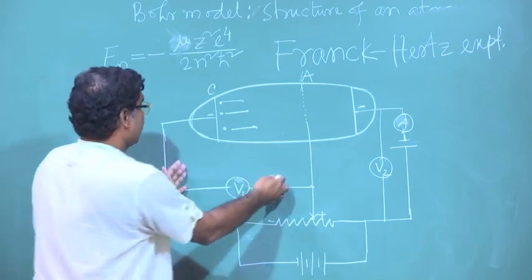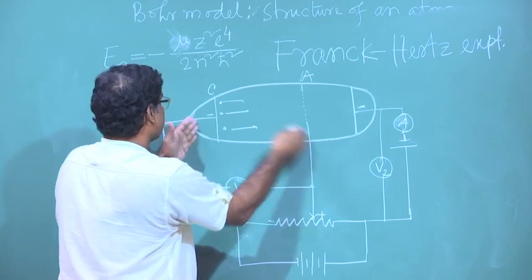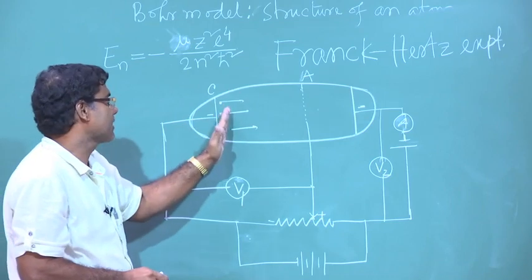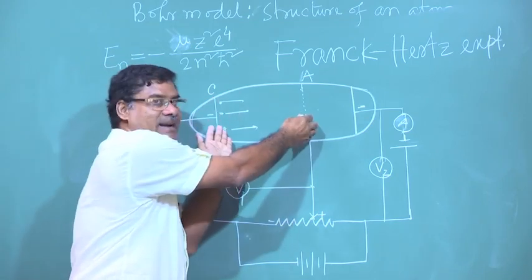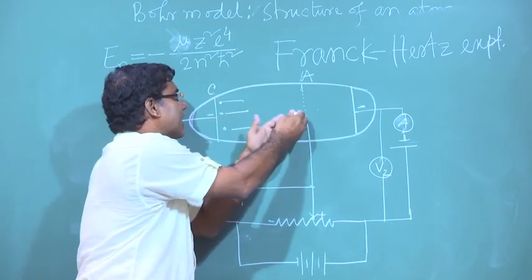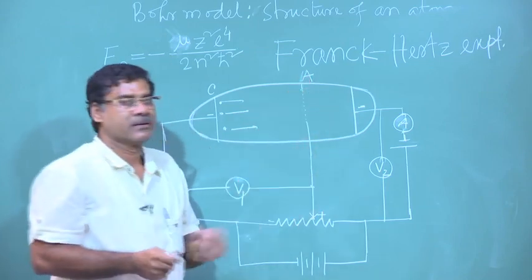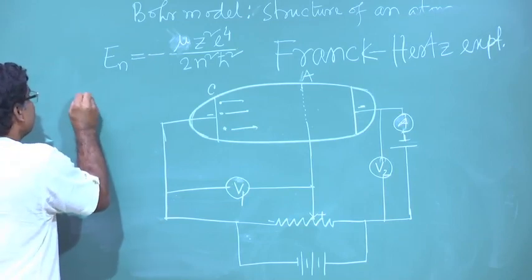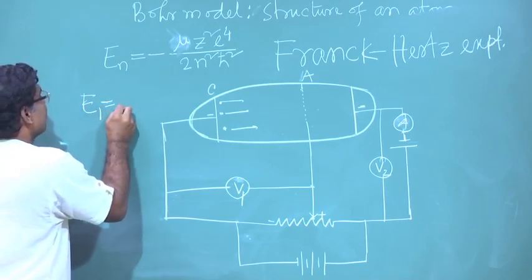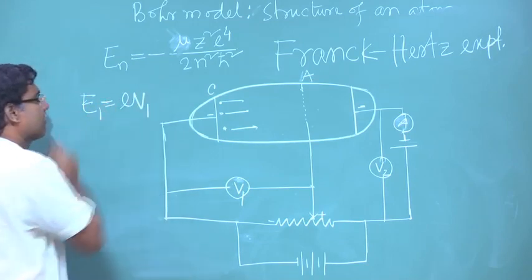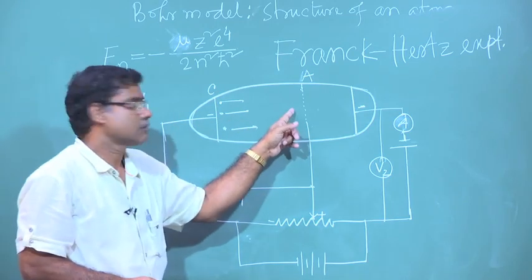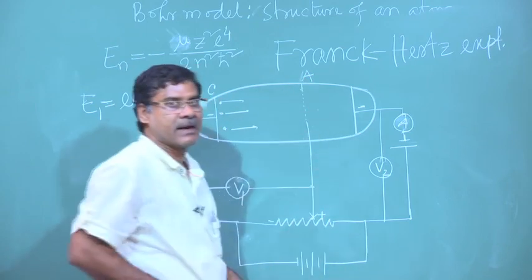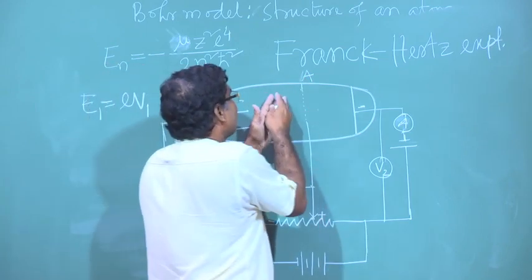Now, you see this voltage difference between these two. The cathode is negative, this is positive. So the electron emitted from this cathode will be accelerated and will move towards the anode. Its energy E1 will be eV1. Since there is a hole in this anode, the electron will pass through it.